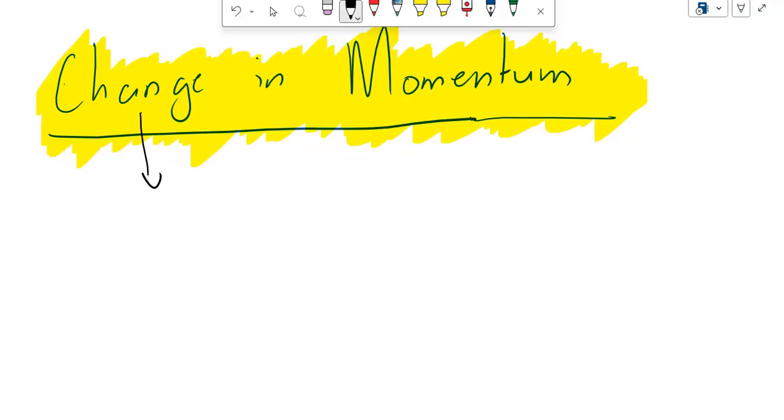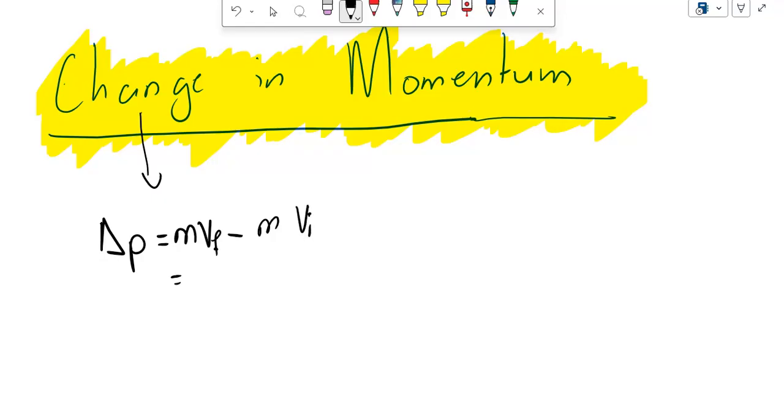So basically, we denote this particular change as delta, which means final minus initial. So delta momentum is equal to mass multiplied by the velocity final minus mass multiplied by the velocity initial.